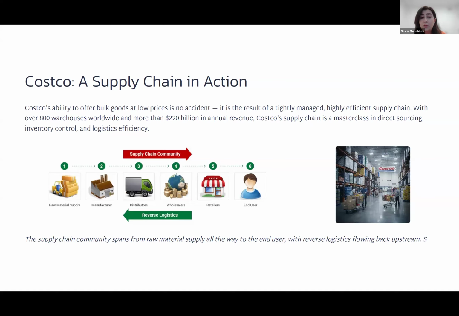Also, you can go to Costco and return a product you purchased before. So there is reverse logistics happening as well. They get your return and try to get it back into the system. If it is in perfect condition, maybe they resell it. If not, they basically move it back upstream and maybe remanufacture or refurbish it and sell it elsewhere.